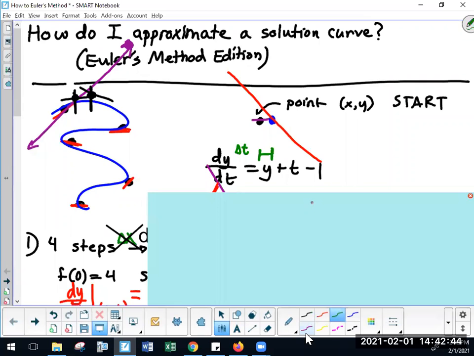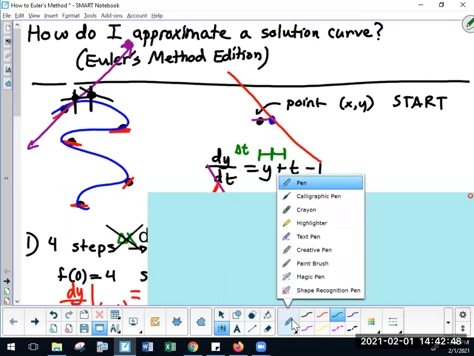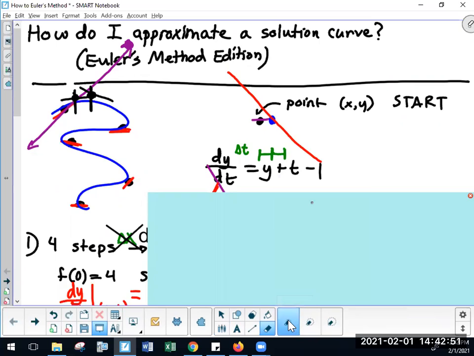We want to just use this much of the tangent line. So we get rid of all this stuff we're not using. And we have that. And we recalculate. There's our new point. All right. And then we go for another piece.